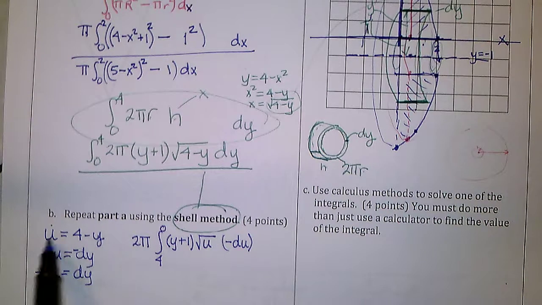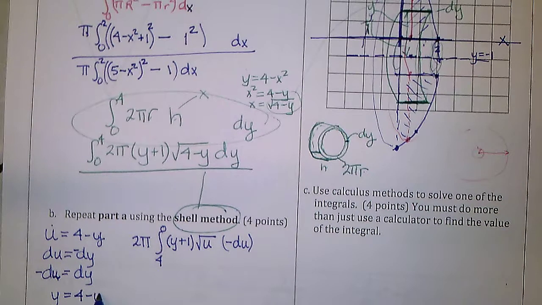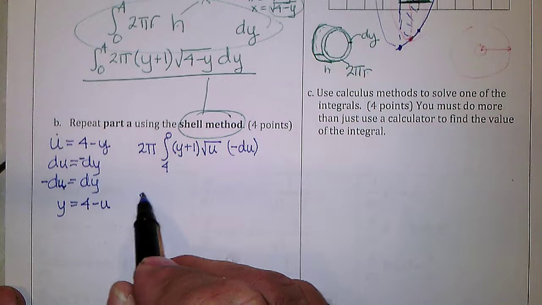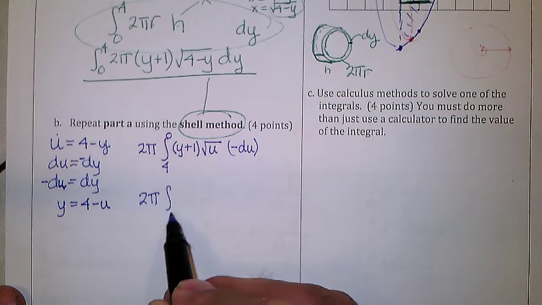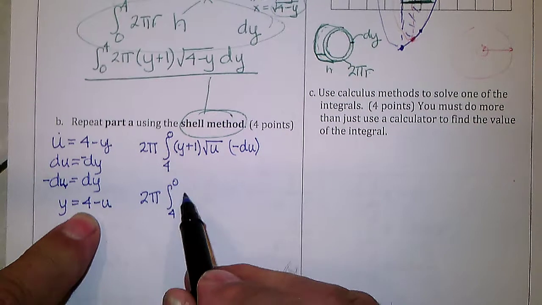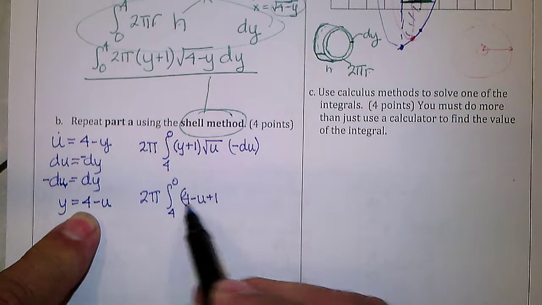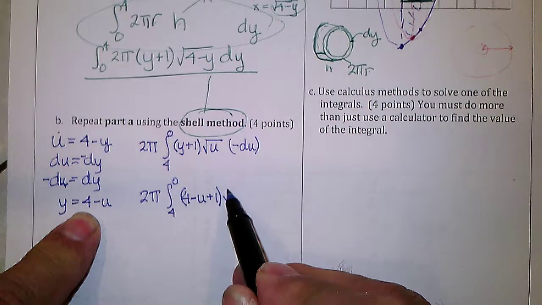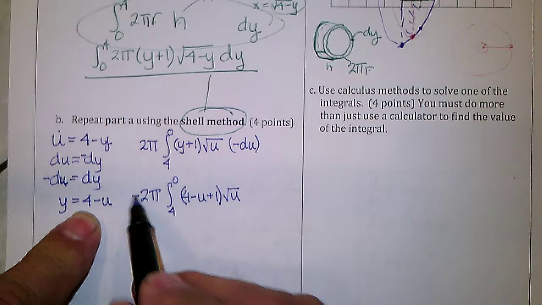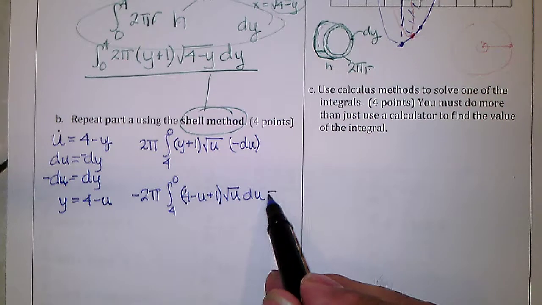So I'll add y and subtract u, so I'd have y equals 4 minus u. So I have 2 pi integral from 4 to 0 of 4 minus u plus 1 times the square root of u, and then a negative can come out, du.